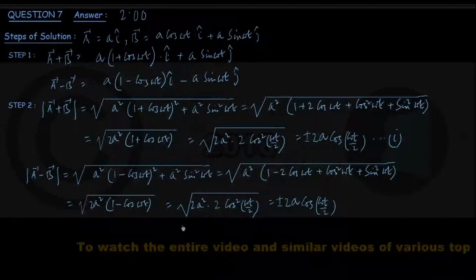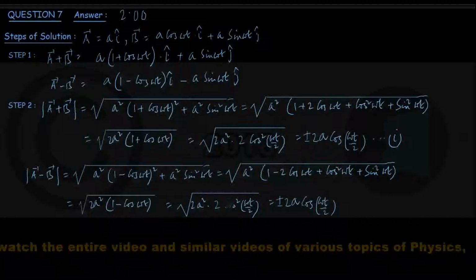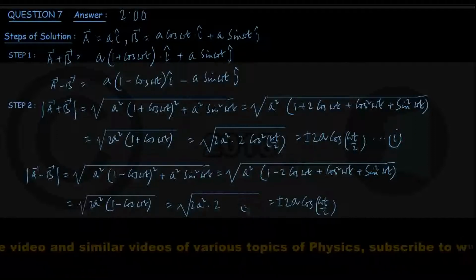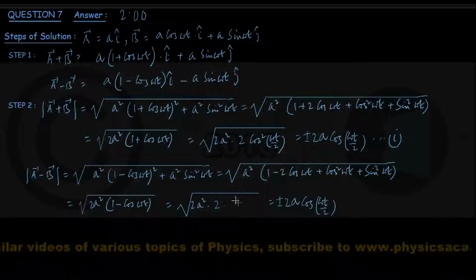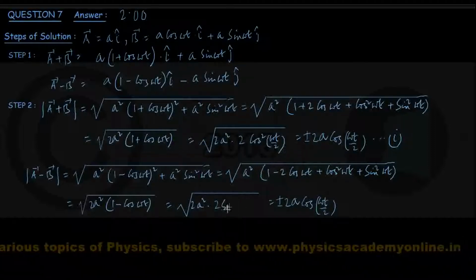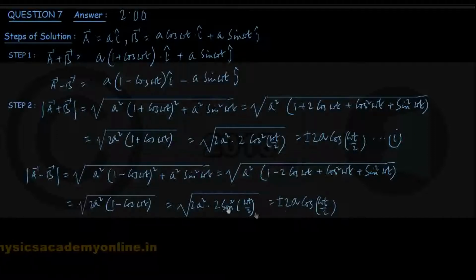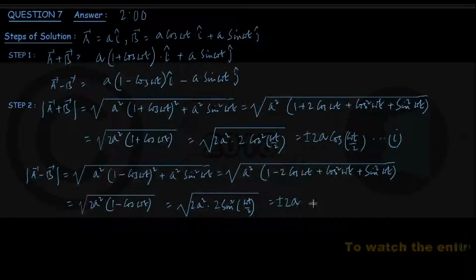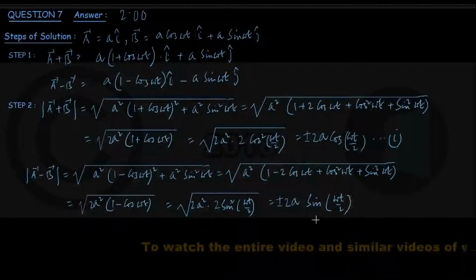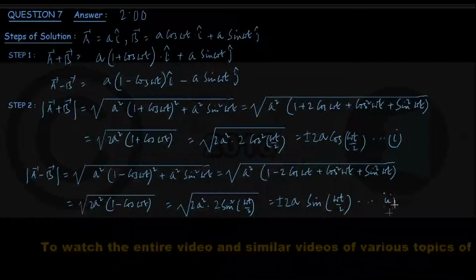So eventually this is coming out to be square root of 2A square into 2 sine square omega t by 2, and then square rooting, you are getting it to be plus minus 2A sine omega t by 2. Let me call it equation number 2.